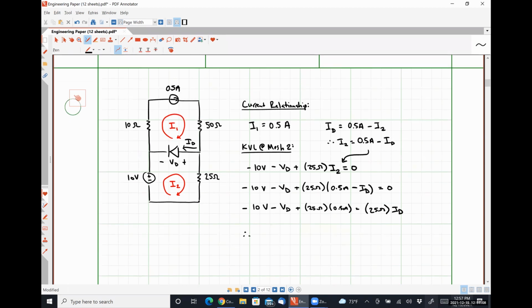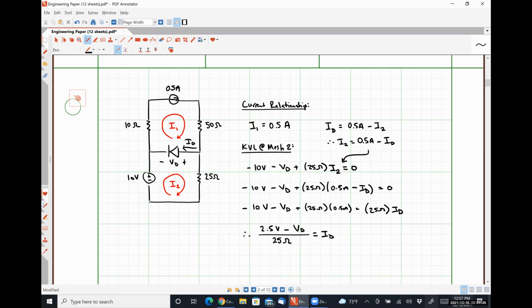And thus we're going to have negative 10 plus half of 25, so negative 10 plus 12.5 volts, which is 2.5 volts, minus our diode voltage VD, divided by a 25 ohm resistance, is equal to ID.